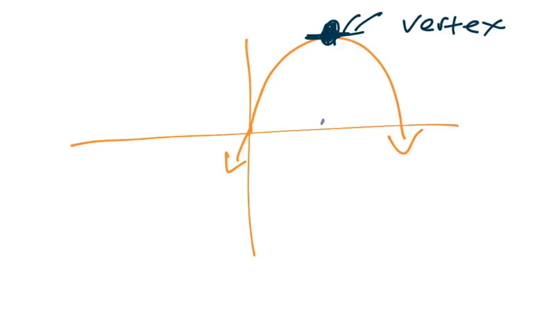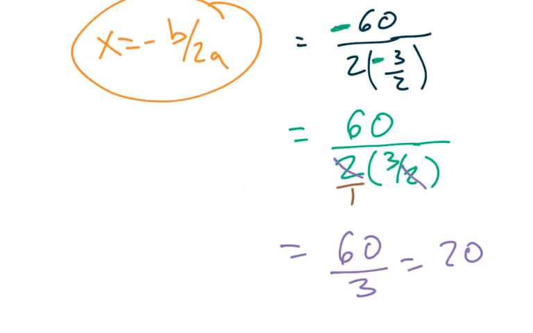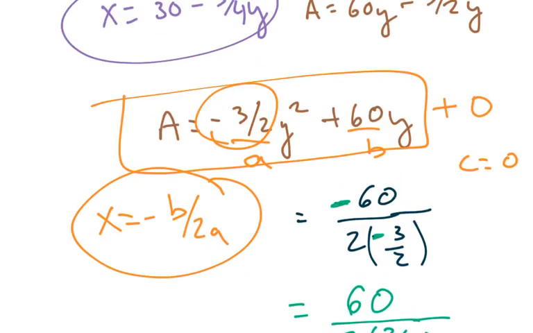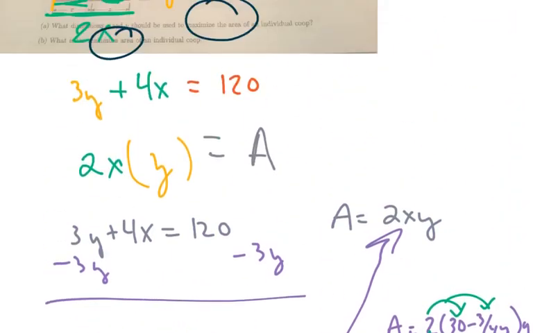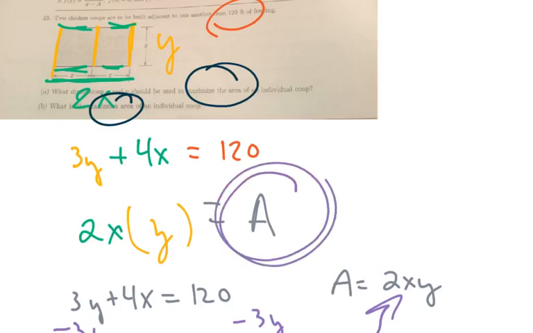So in this picture, we know we go out 20. But what we don't know is how high it is. And remember, the height here represents the area. So the first thing I'm going to do is, since I know my y value, substitute it into this equation to find my x value.